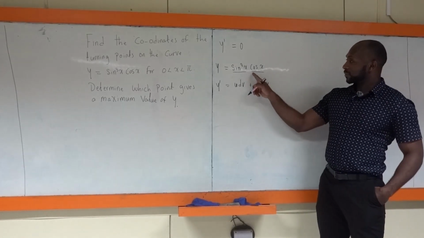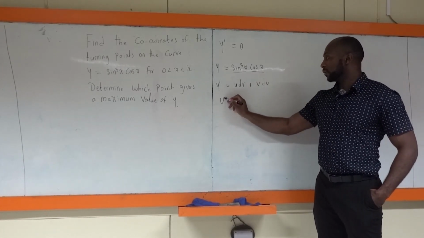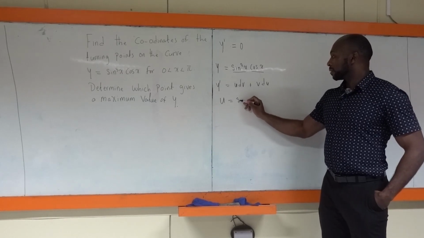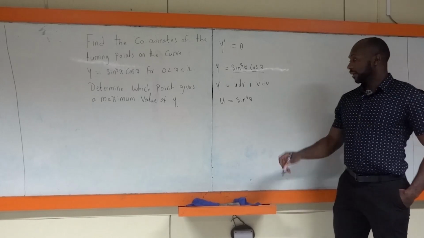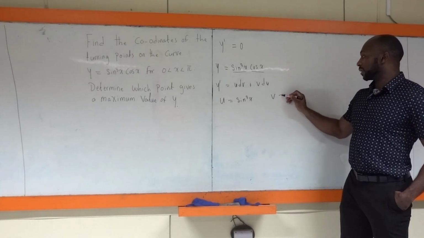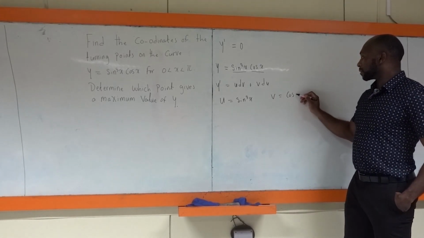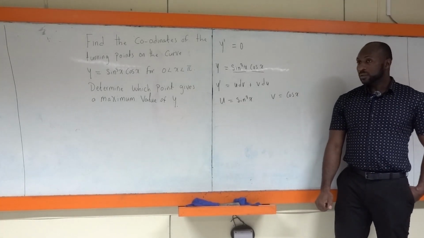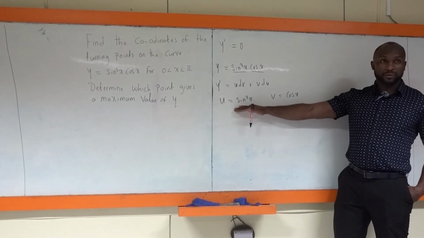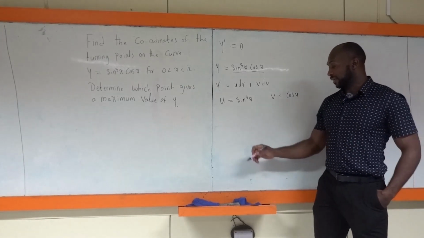So going back to the function, we can let u be sine cubed of x and v should be cos of x. All right, so what is du? Again, du should be the derivative of sine cubed of x.